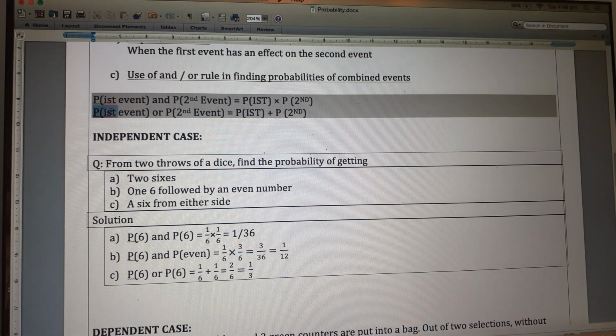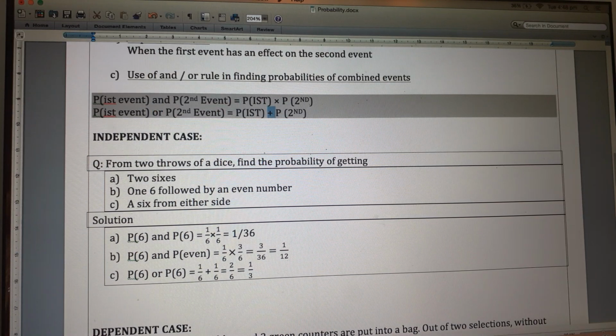However, if I will be finding probability of first event or probability of second event, then I will be adding probability of first plus probability of second event. So when or will be used, we will be adding the probabilities.